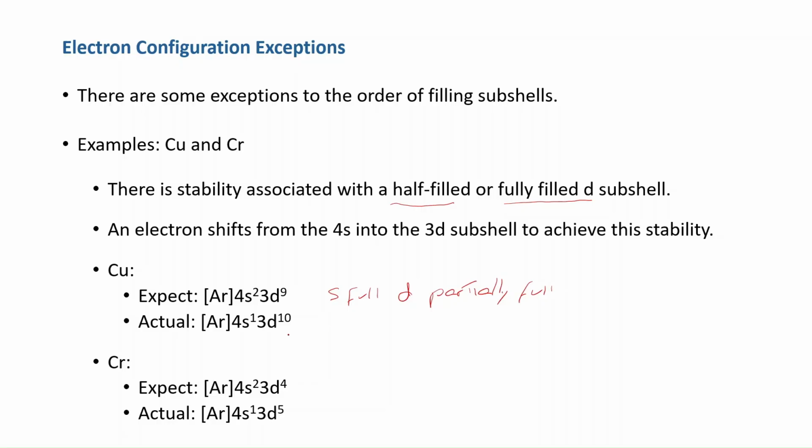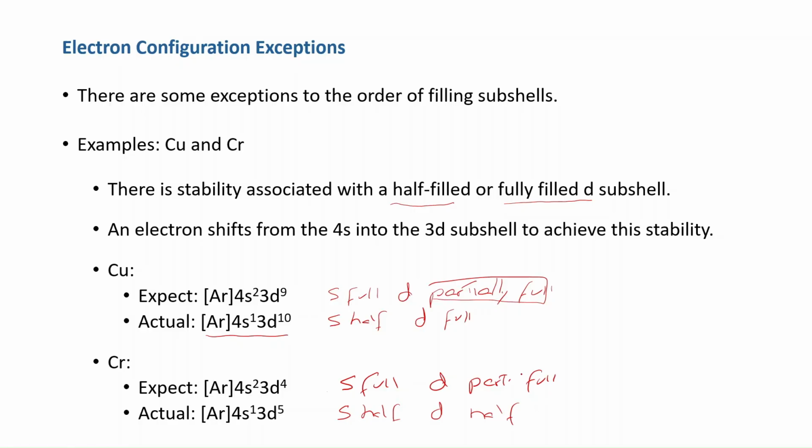So that's not very stable. This one has S half full and D is full. So we eliminate the partially full. That's why this one is more stable. The same thing in here, you have S is full, D is partially full. In this one, S is half full, D is not full, but it's half full.